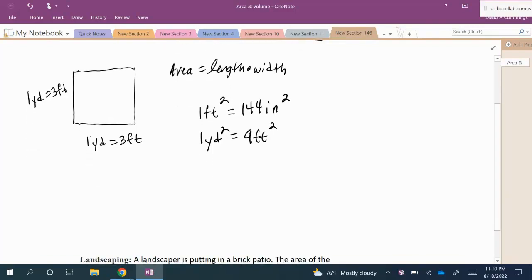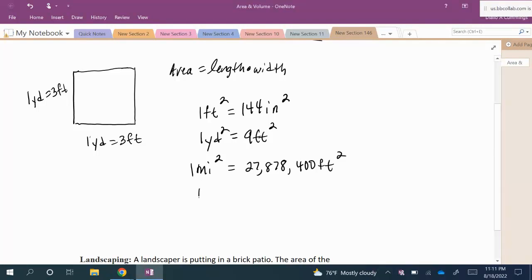And I'm going to write out the other conversions we're going to use in this course. We have 1 square mile is equal to 27,878,400 square feet.